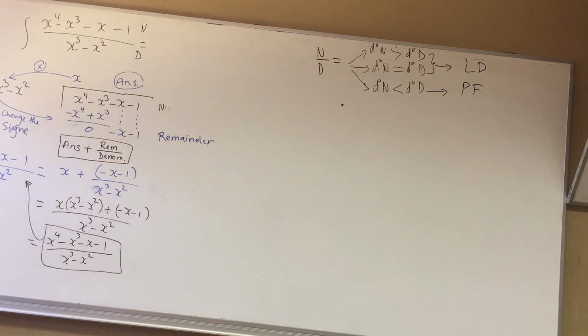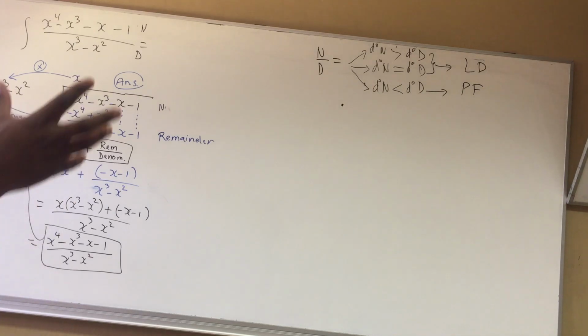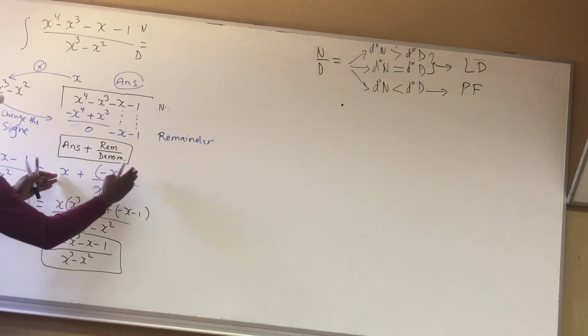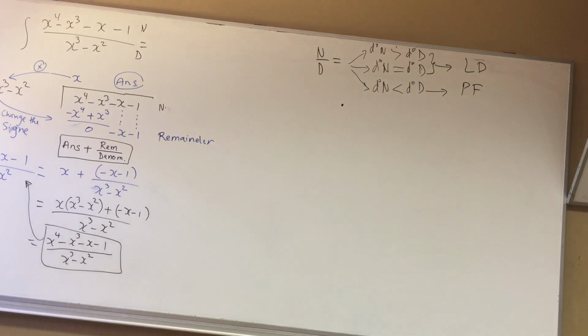So you do long division to simplify your function. So we can clearly say this function can be written as x plus, between brackets, 1, minus x minus 1 divided by x cubed minus x squared.